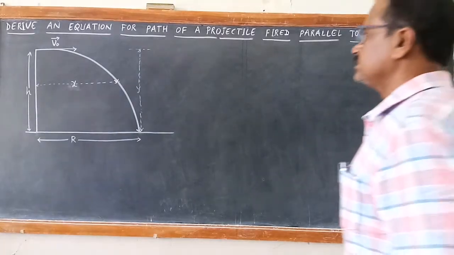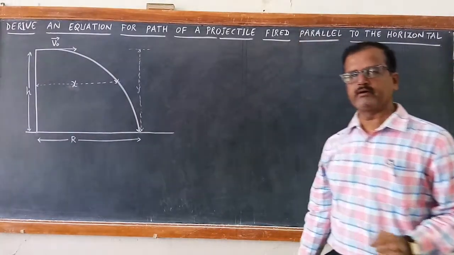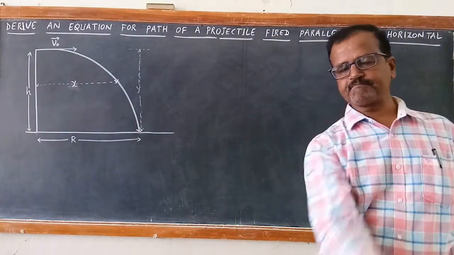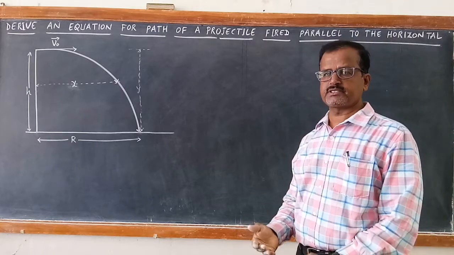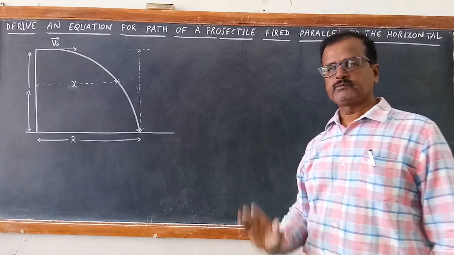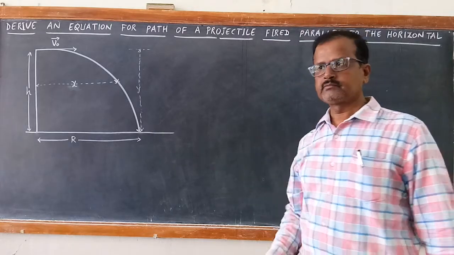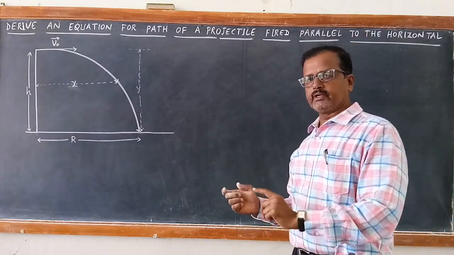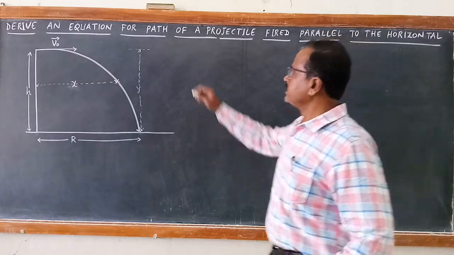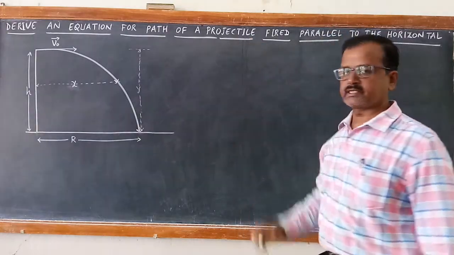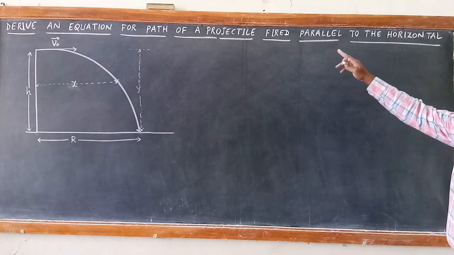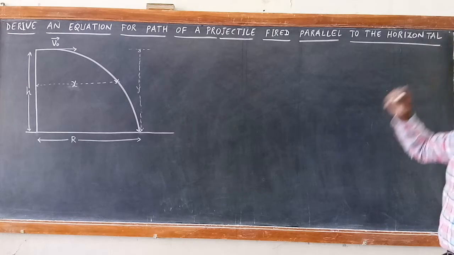Let us consider a very interesting projectile. If the object is thrown horizontally, in the previous case we have seen the object is thrown with certain angle with the horizontal, with some oblique angle. Now if the angle of projection is 0, derive an expression for path of a projectile fired parallel to the horizontal.